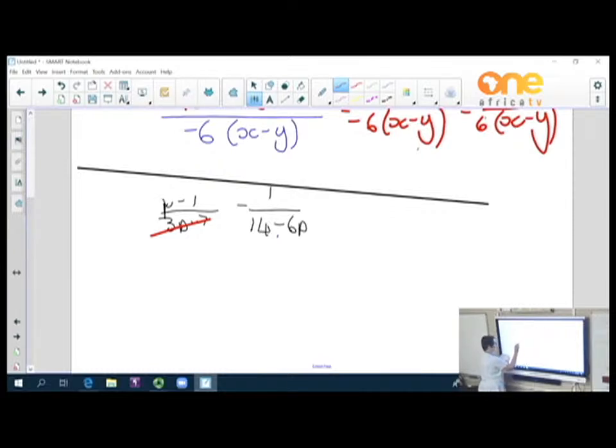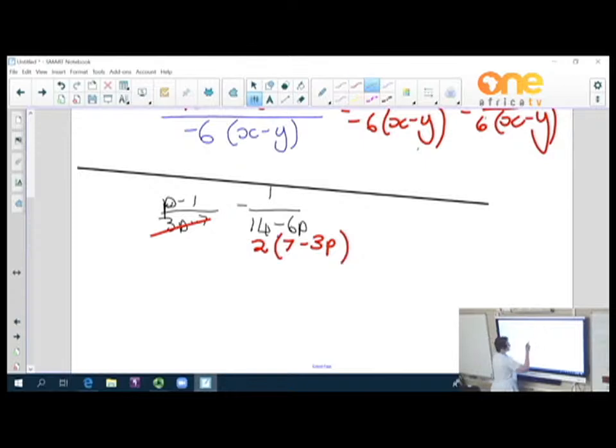Now this one is B, p minus 1. So I'll factorize here, and this one, when we factorize, will be 2 times 7 minus 3p. Now again, you can see here I have 3p minus 7, and here 7 minus 3p, so my signs are wrong.